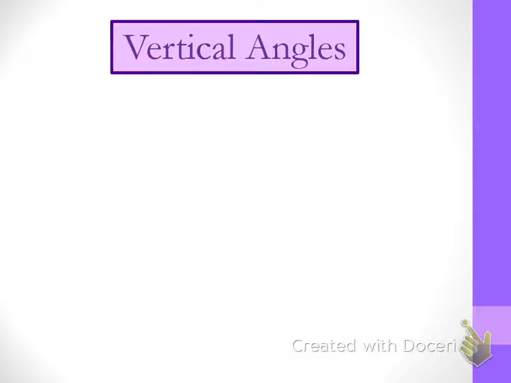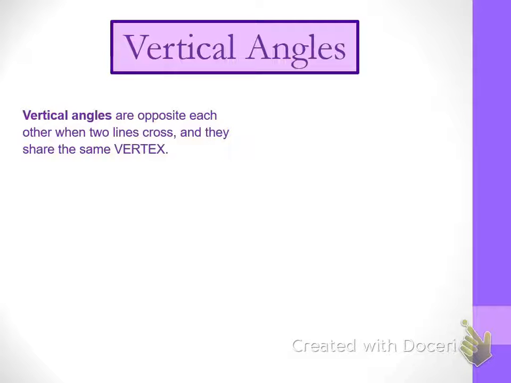Vertical angles and linear pairs are the last 2 words, and then we just identify them after that. So a vertical angle, essentially, you're going to write down this whole thing. I'm sorry. They're opposite of each other.